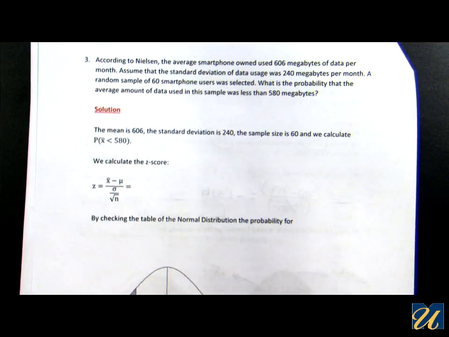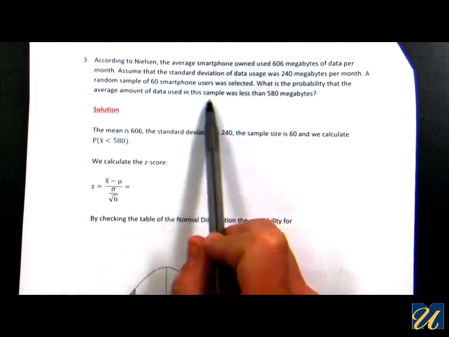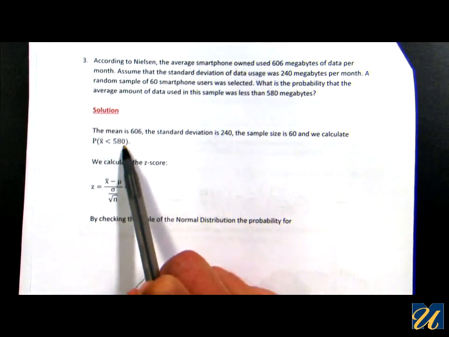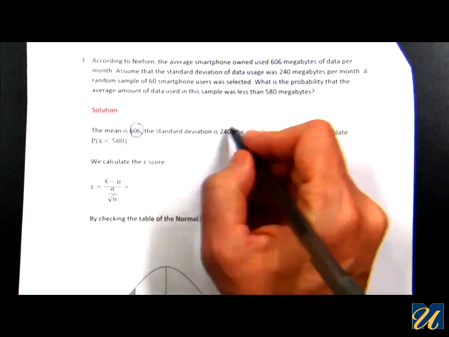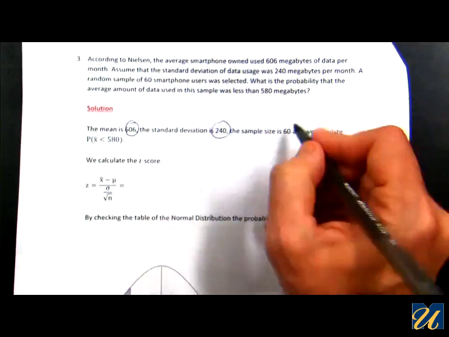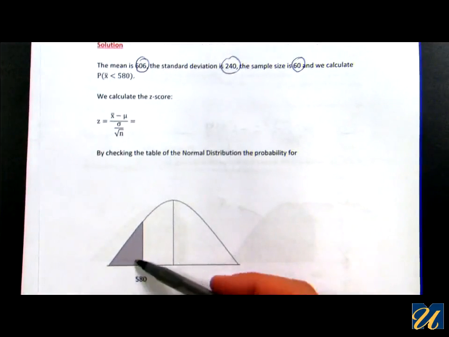What is the probability that the average amount of data used in the sample was less than 580? This is the probability I'm looking for. The mean is 606. The standard deviation is 240. Sample size is 60. So this is the area that I'm looking for.